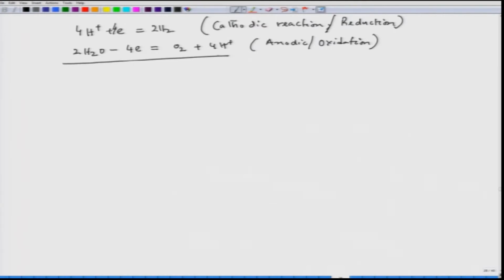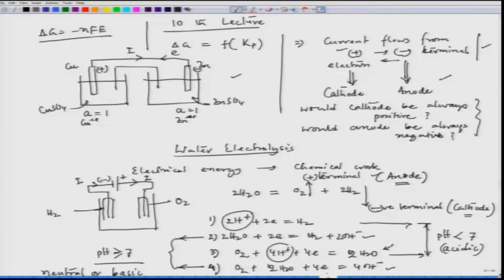So, if we add them, then it would become 4H plus 2H2O minus 4e. So, 4e would get cancelled, equal to 2H2 plus O2 plus 4H plus. So, these two get cancelled. So, finally, we get 2H2O equal to 2H2 plus O2. So, this is the same one as we have mentioned here.